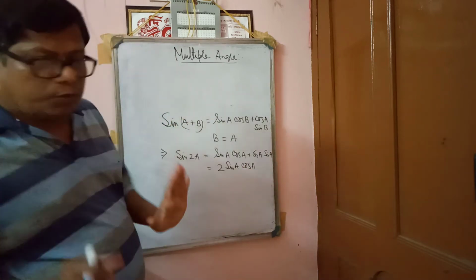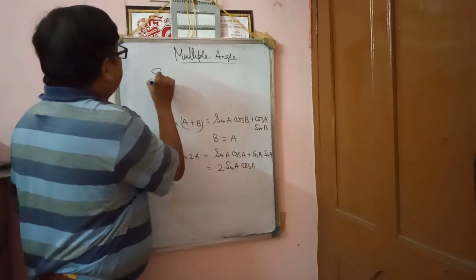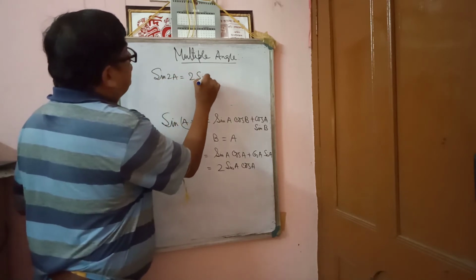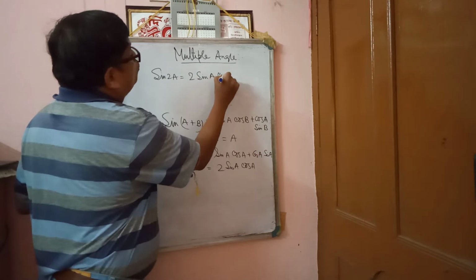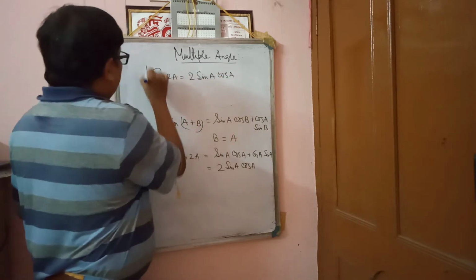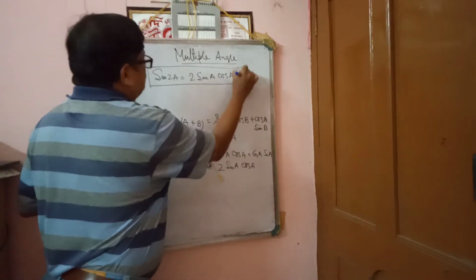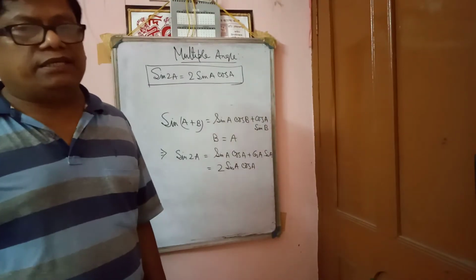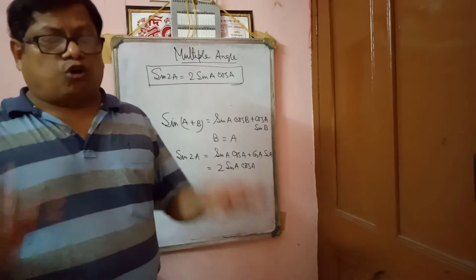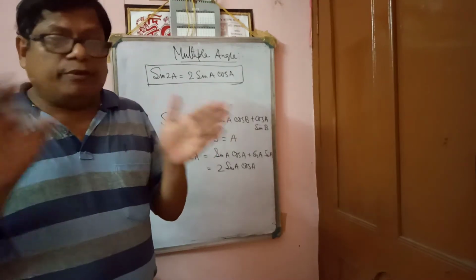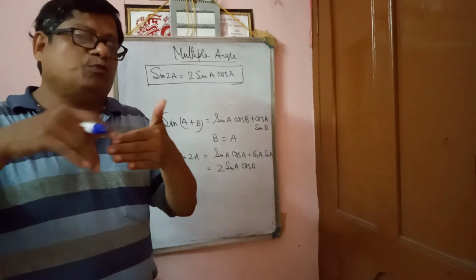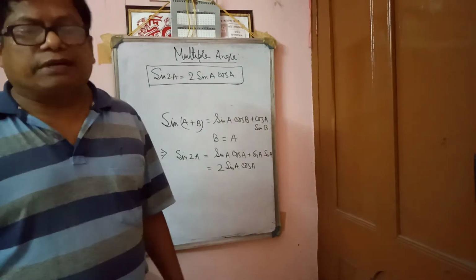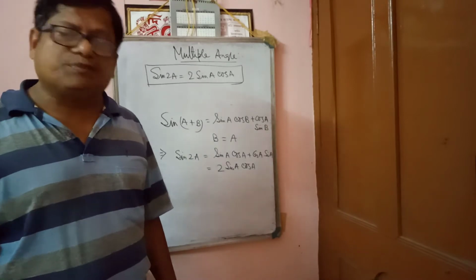So we are getting one formula. Write sin 2A equal to 2 sin A cos A. All of you remember this formula. It is very helpful when you do calculus, differentiation, integration, everything.